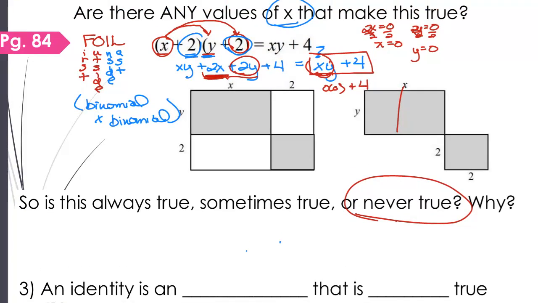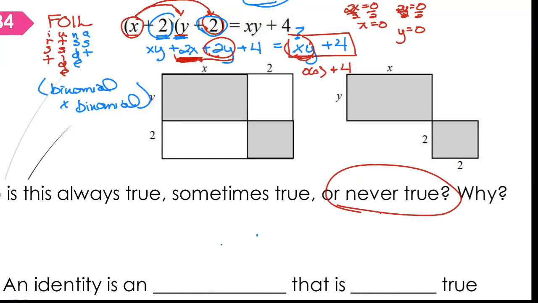Never true. So what they are showing us here with the area models, we've got x times y, this is xy, and we have 2 times 2, which is 4. We don't have these spaces at all, which means those must be 0. And if that's 0, then this y should have been 0, because this is y.